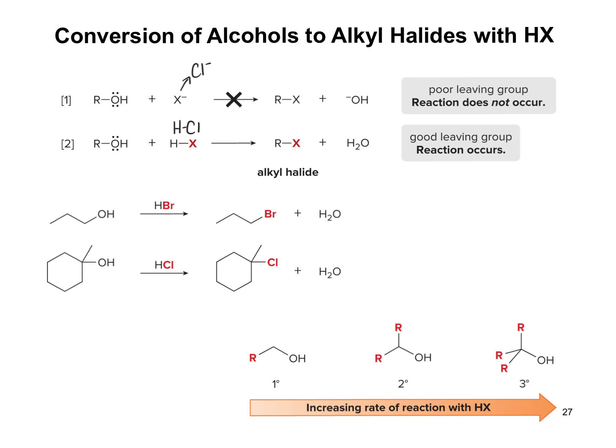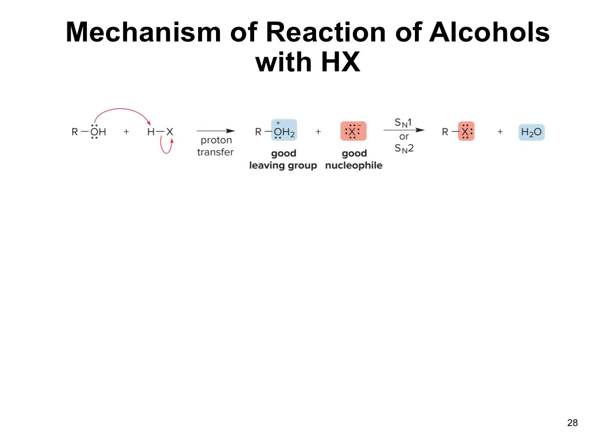So how does a reaction of an alcohol with an acid usually occur? Well, when we look at this, the first step here is a proton transfer step. Now, this is an acid-base reaction.